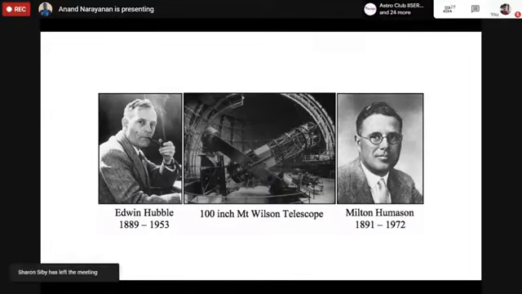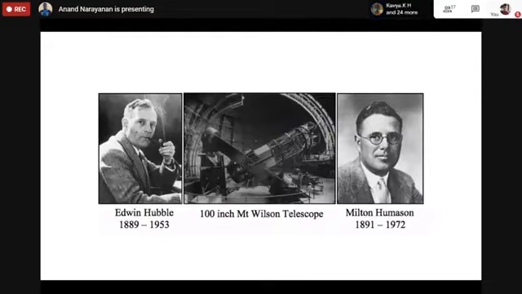Extragalactic astronomy had just been born, and within a few years, these kinds of galaxy measurements had started. They looked at about 24 galaxies in the local universe and recorded the spectrum of all of them. Back in those days, it was using photographic plates. There were no CCD cameras, etc.